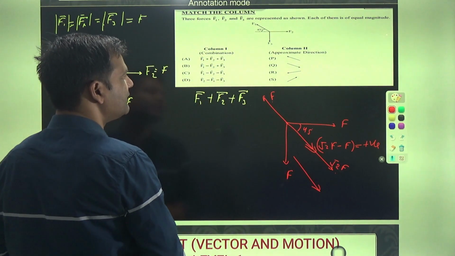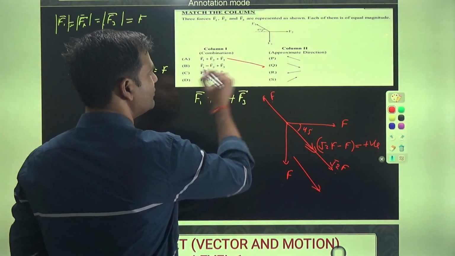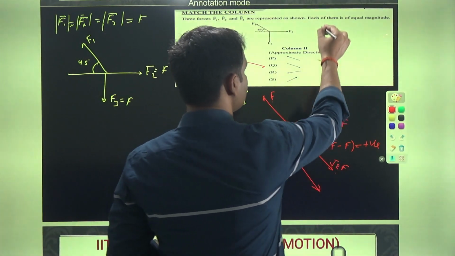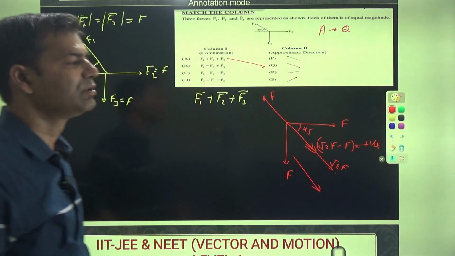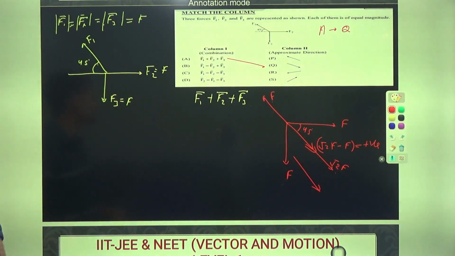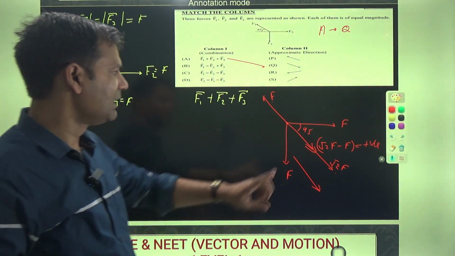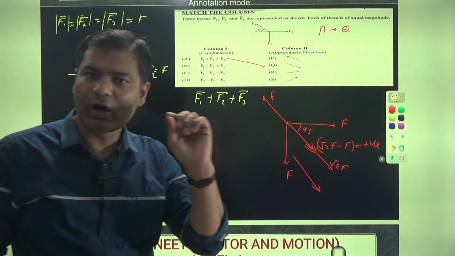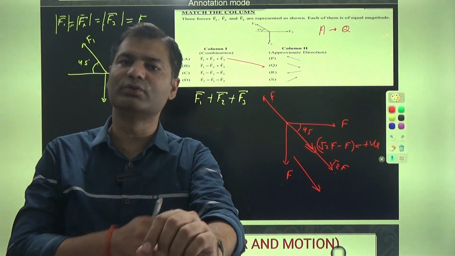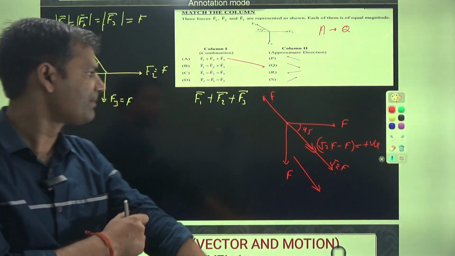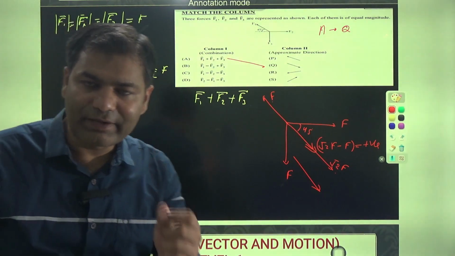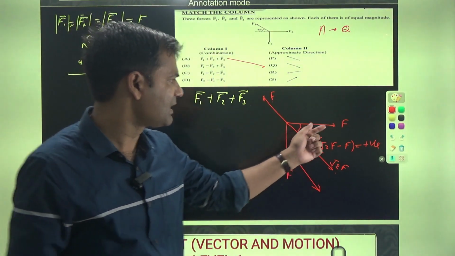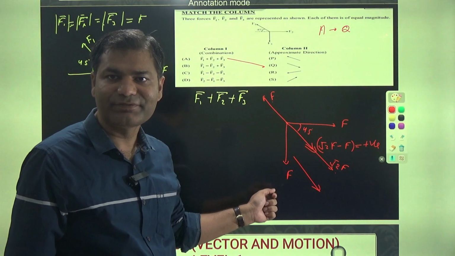So which one is correct? A to Q. Clear or not? Now next one. Because all the forces have the same magnitude, the resultant of these two is root 2 F, because it is F i cap and here minus F j cap.